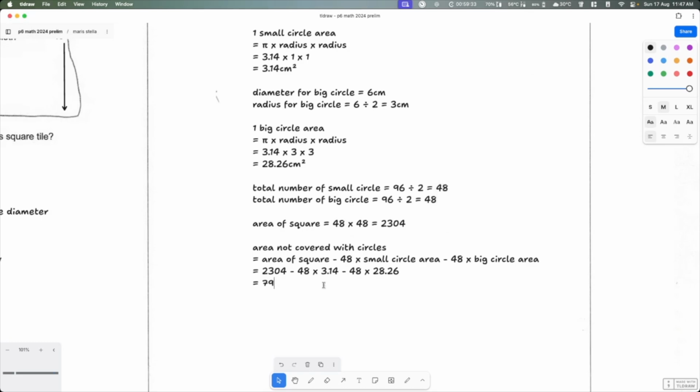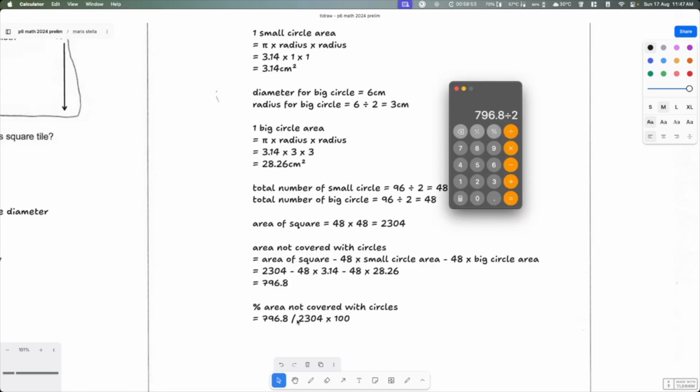This will give you 796.8. So the percentage of area not covered by circles is 796.8 divided by 2304 times 100.